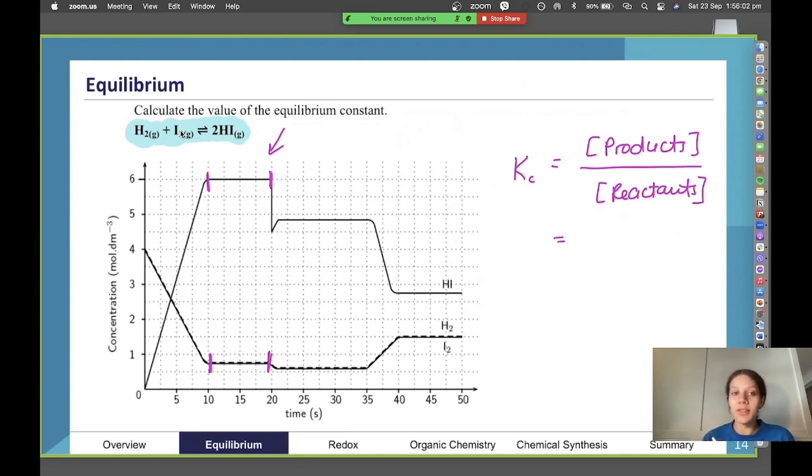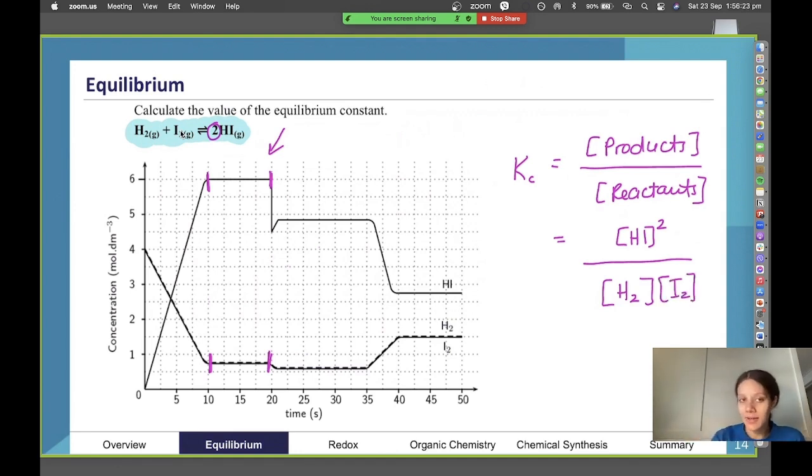Specifically our products here, we have the HI gas, so we'll put the concentration of that, and it's to the power of 2 because of the coefficient here. And for reactants on the bottom, we have our H2 gas and our I2 gas. Neither of those have any powers because they don't have any coefficients. They've only got 1 in the front.